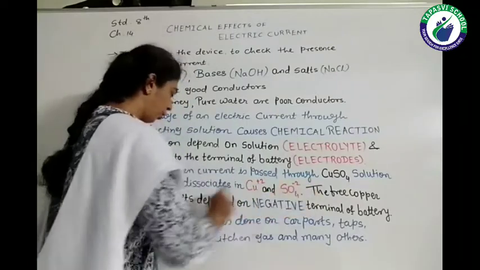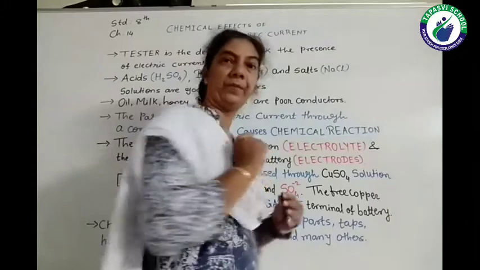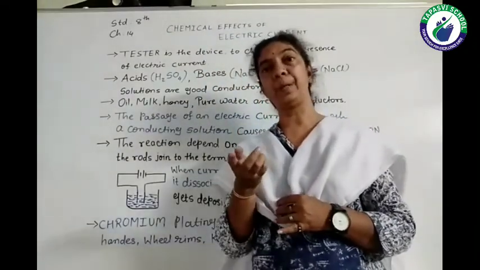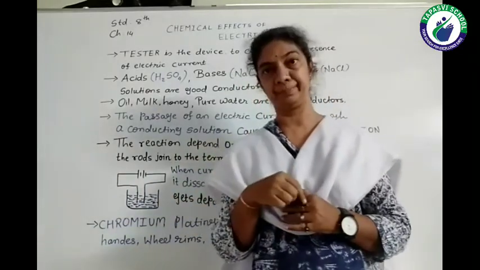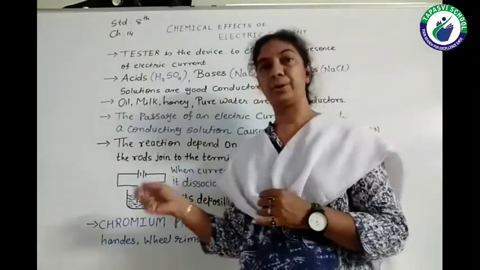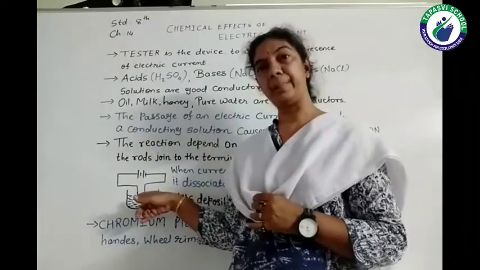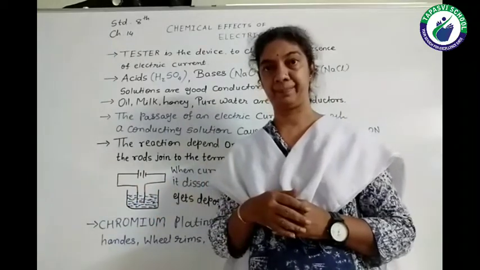Now the free copper gets deposited on the negative terminal of the battery. Then what happens to the copper ions which are released from this copper sulfate solution? Those copper ions are regained from the positive terminal where we have connected another copper plate.